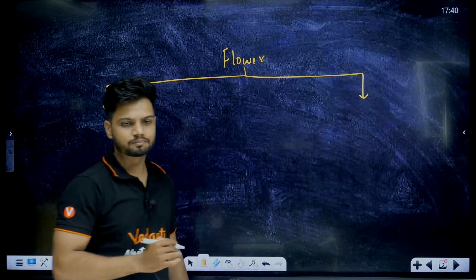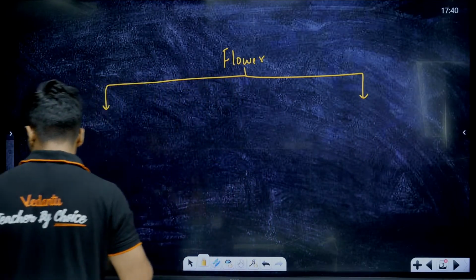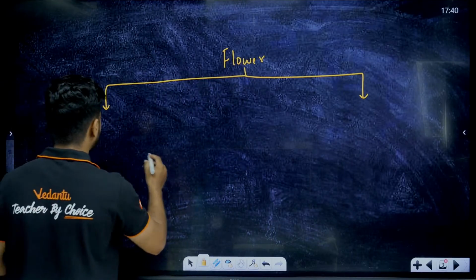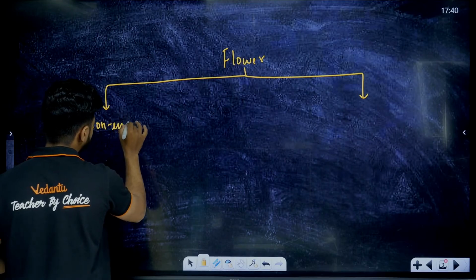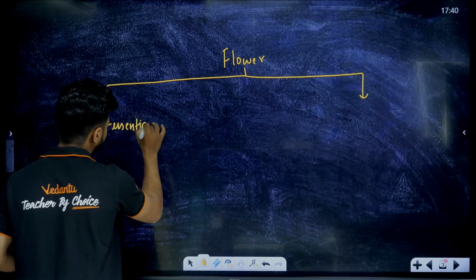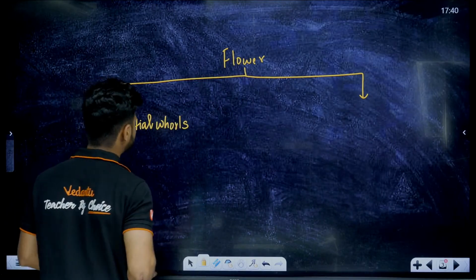Now, if we divide the entire flower into two parts, the first part is called your non-essential whorls. Now, what are these non-essential whorls?